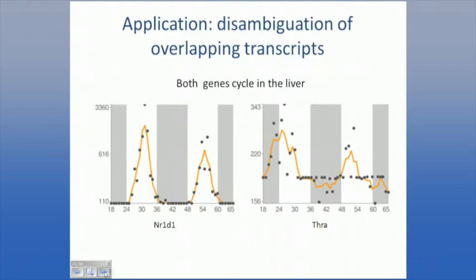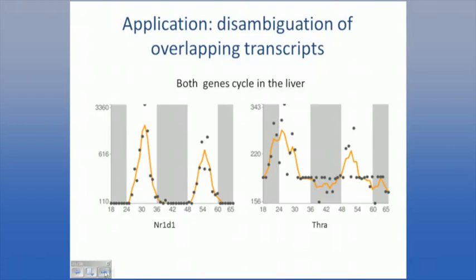Another application of RNA sequencing can be disambiguation of overlapping transcripts. So here's an example of 2 transcripts, NR1D1, which is Rev-erb alpha, and THRA, thyroid hormone receptor alpha. And what you can see is that they both have a similar expression profile over the day in the mouse liver.